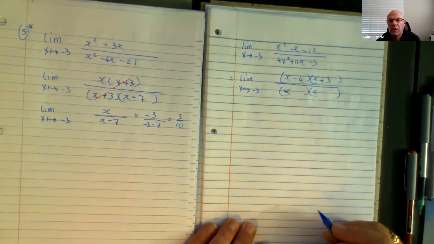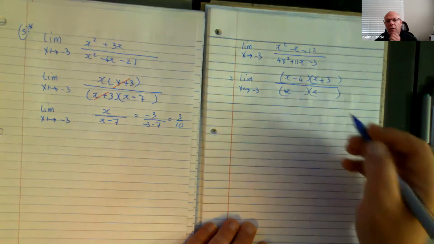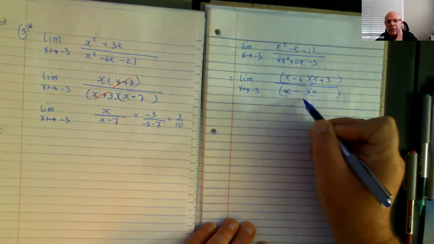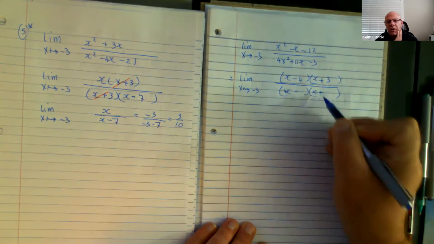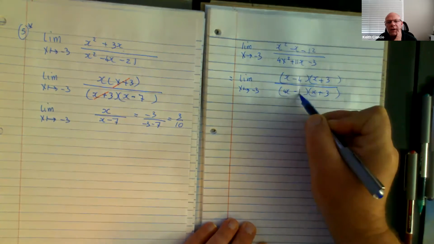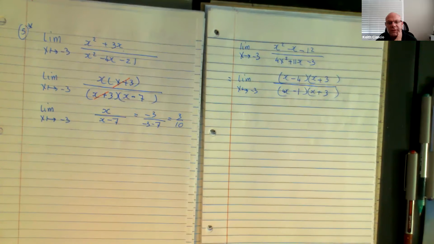Correct. And for the bottom, we're going to have a positive 3, a negative 1, and 4 in front of the first x.